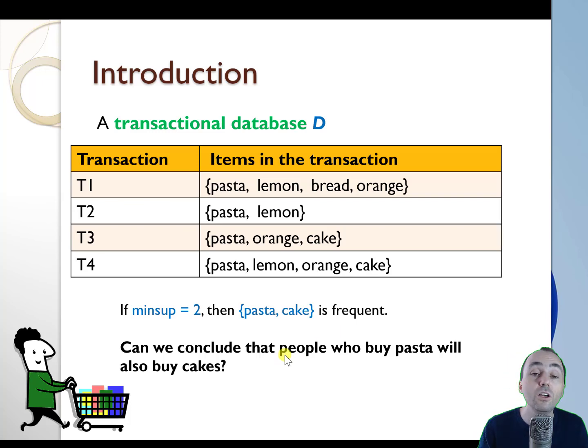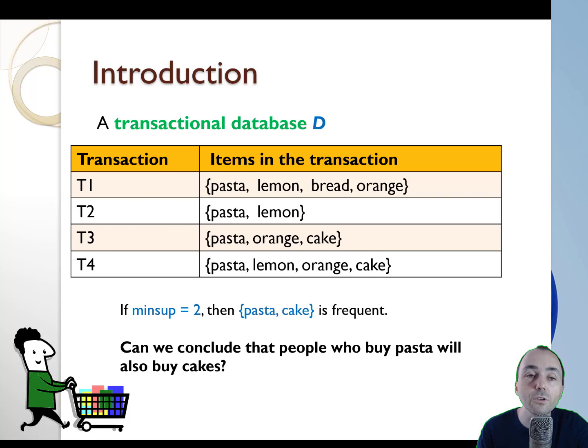Actually only 50% of the people who buy pasta will buy cake. So there's a relationship, but it's not very strong. Okay, so this can be misleading when you look only at the frequent item sets.